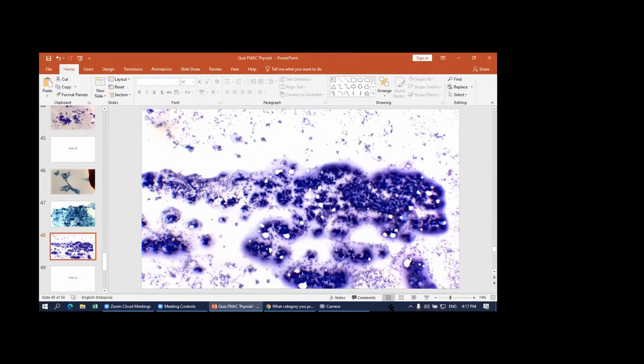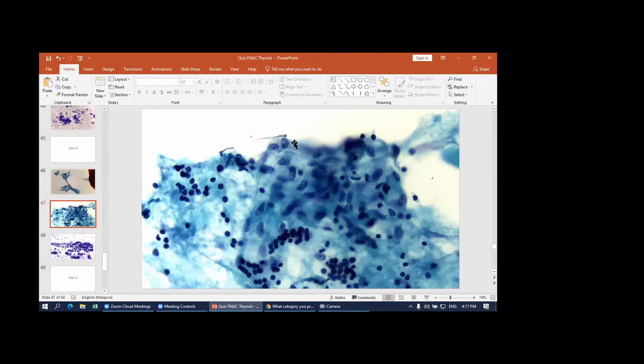Ultrasound gel. It is the most annoying thing that you could see in the FNAC. There's no need to vote, I think everyone knows. This is actually a granuloma.